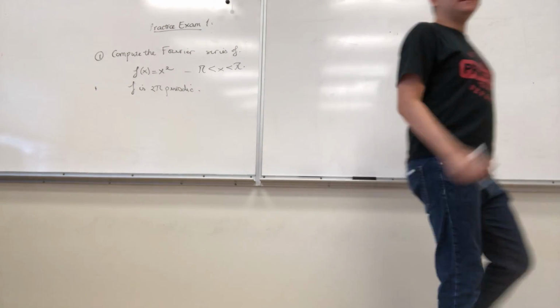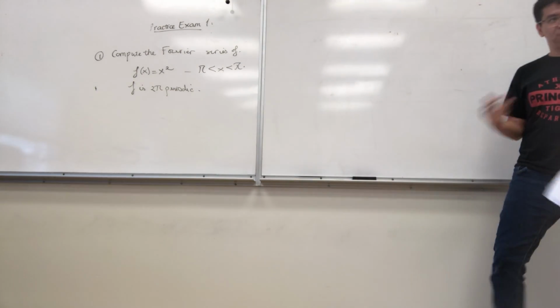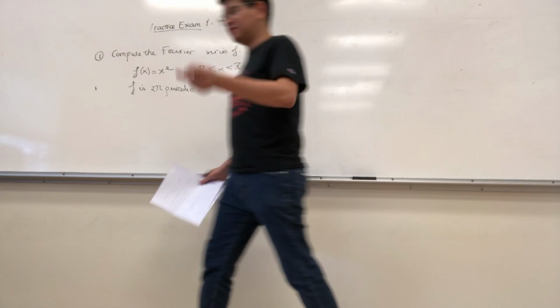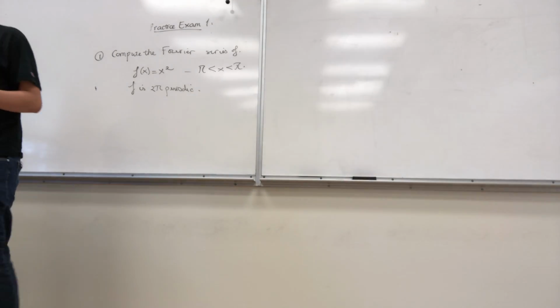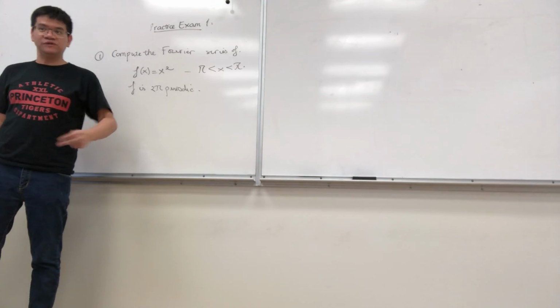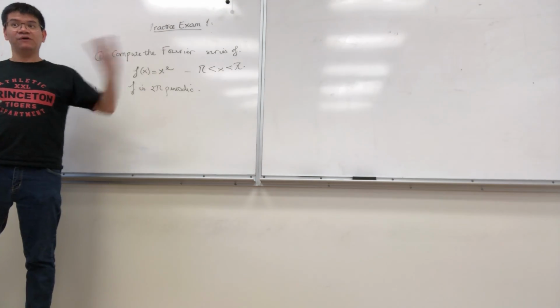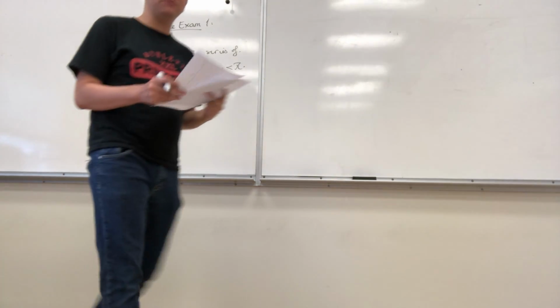All right, this is the function for which you have to compute the Fourier series. Again, for the first exam, we are not going to do equations. We're just checking Fourier series, how you compute those Fourier series.